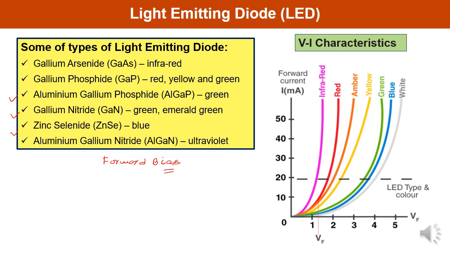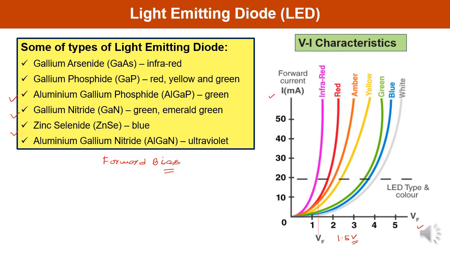The characteristics are the same as in the case of the PN junction diode, but here you can see the behavior of different colors: white, blue, green, yellow, amber, red, infrared. On the x-axis forward voltage has been taken, on the y-axis forward current. Here you can see the cut-in voltage of the LED is approximately 1.5 volt.